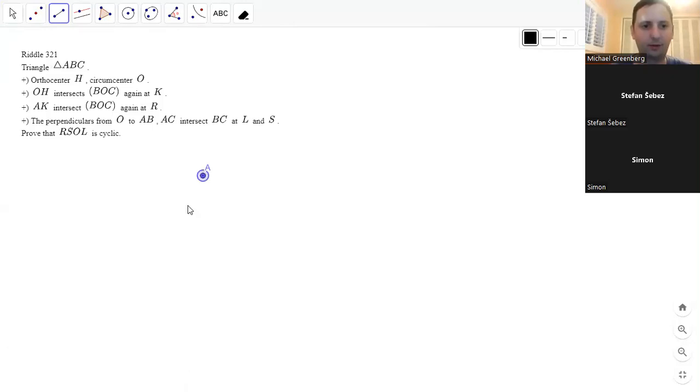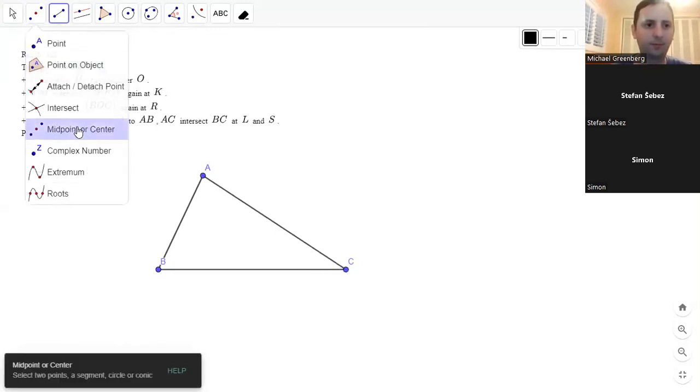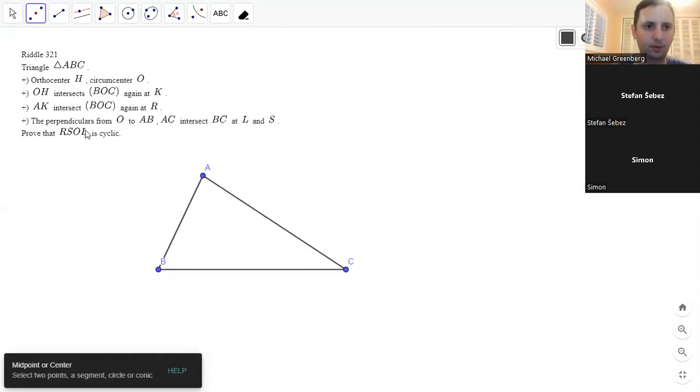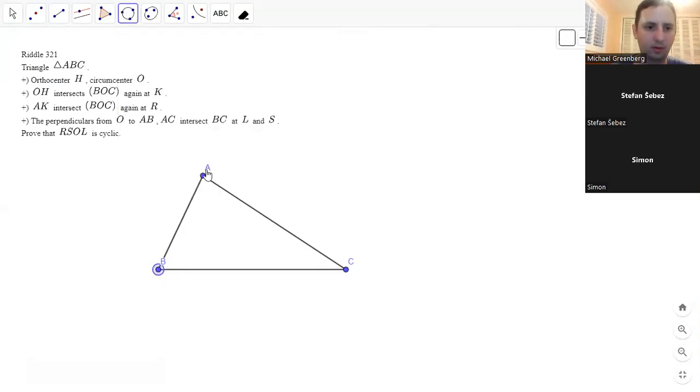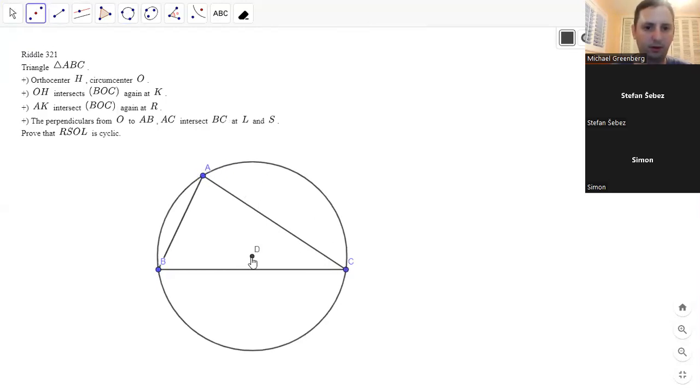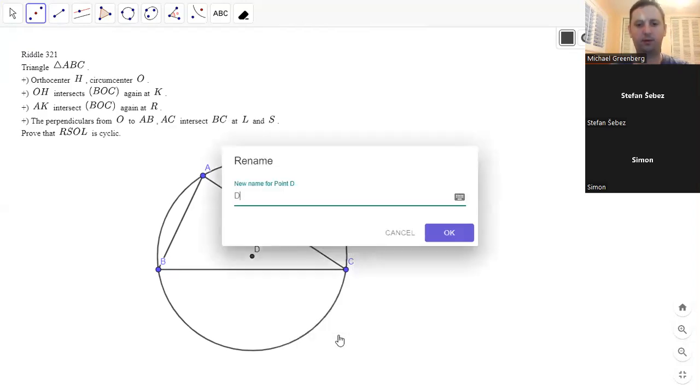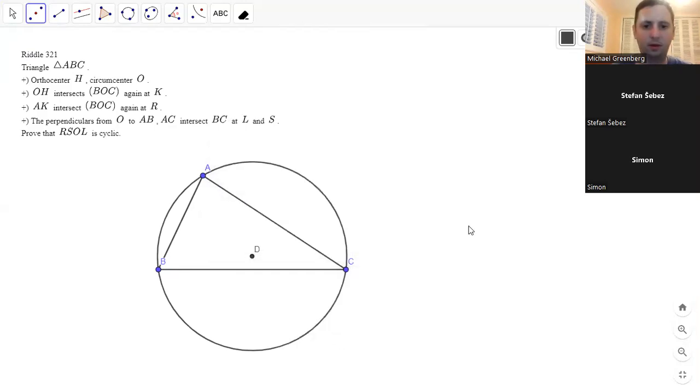All right, so we have a triangle ABC, orthocenter H and circumcenter O. Whoops. So here is the circumcenter and the orthocenter.